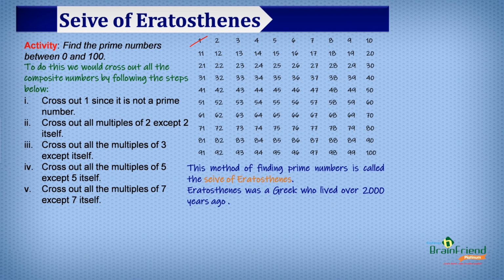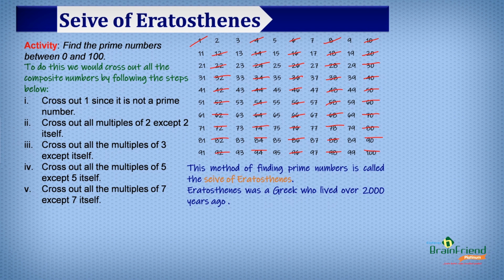We cross all of them out. 4 is also a multiple of 2, and we quickly cross out everything under 4. 6 is also a multiple of 2, and everything under 6 is crossed out. 8 as well is a multiple of 2, and we cross out all the numbers under 8. Lastly, 10 is a multiple of 2, and we also cross out everything under the number 10.